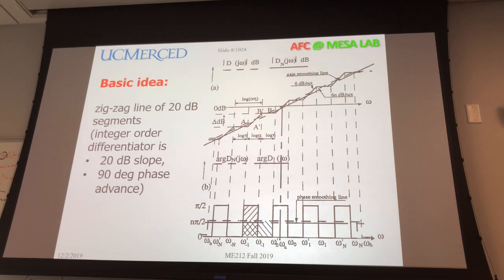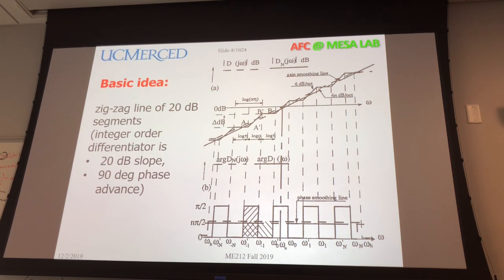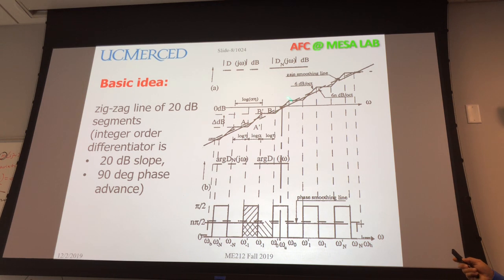The basic idea is from this one. So basically, you have a line that is not 20 dB per decade, okay? But you want to use these 20 dB per decade lines, okay? So these are integer orders, okay? So then I call this a zigzag line to approximate this line.